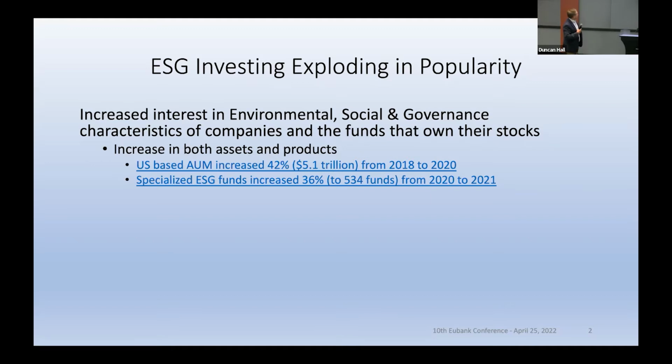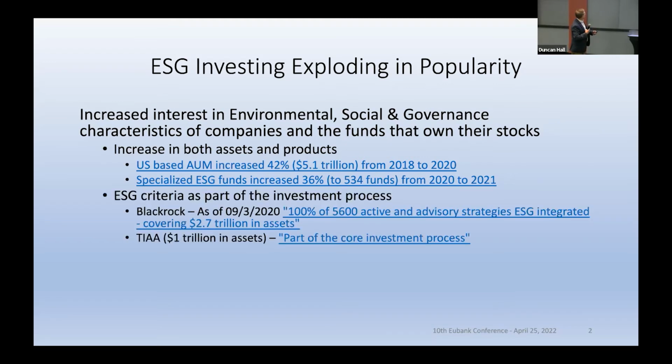Last year, 36% more funds, 534 funds, call themselves ESG. A lot of them are just rebranding existing funds. They take an existing fund, doesn't have a lot of AUM, rebrand it as ESG, and hopefully drive some interest into raising additional funds.